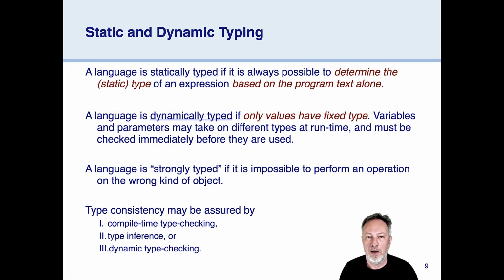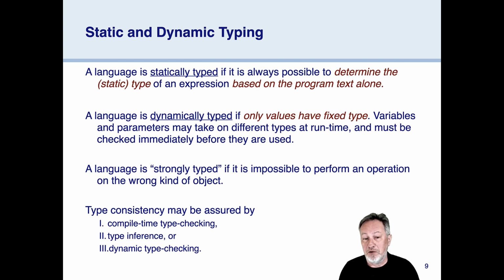So, unlike Java, if you have a language like JavaScript or Smalltalk or Ruby or Python, these languages are dynamically typed. You do not have any static type declarations. Variables and parameters take on different types at runtime, and they're checked. So there is a type check, but it happens only at runtime.